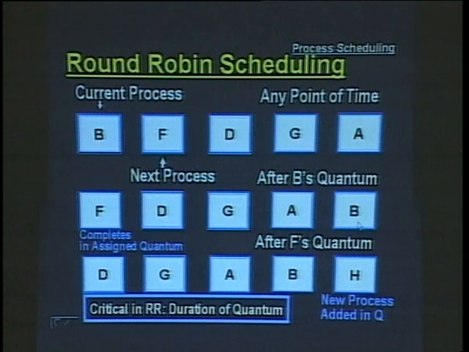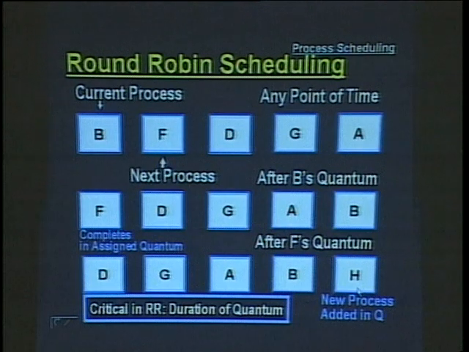Now, we assume that the process F completes during its quantum or its share of the CPU time. F completes, and obviously it leaves the queue, and D comes in the next stage and tries to avail the quantum, the scheduled CPU time allocated to process D, and at the same time another process H enters the queue.